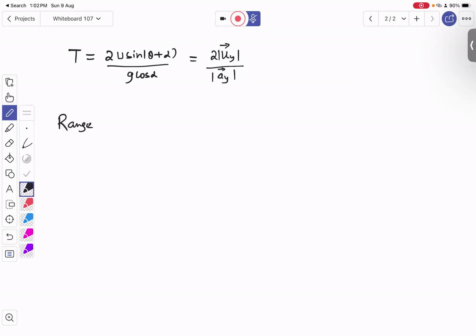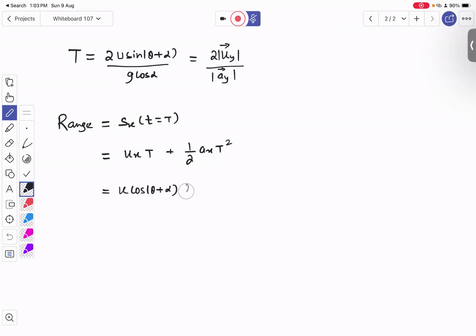The range is the total displacement along x in the time of flight, and that is going to be uxt plus, here ax is not 0, half of ax into t square. So plug in the value of ux, that will be u cos theta plus alpha.